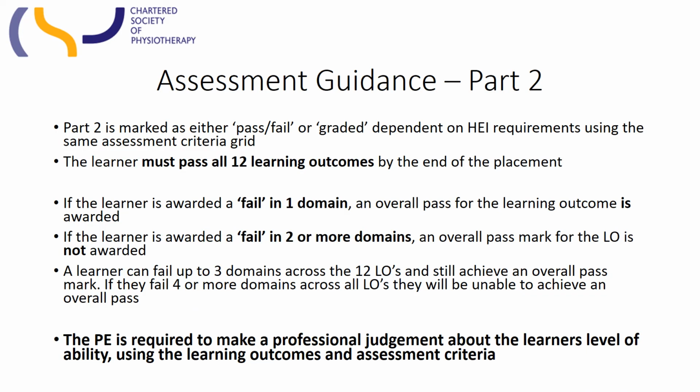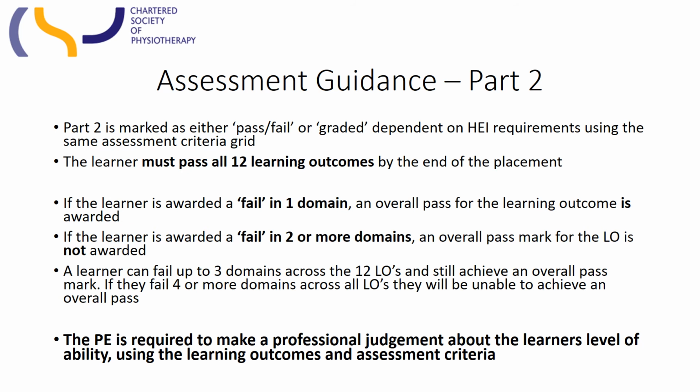Part 2 is marked as either pass, fail or graded, depending on the university requirements. The learner must pass all 12 learning outcomes by the end of the placement. If the learner is awarded a fail in one of the domains of the learning outcome, an overall pass for that learning outcome is awarded. If the learner is awarded a fail in 2 or more of the domains, an overall pass for that learning outcome is not awarded.